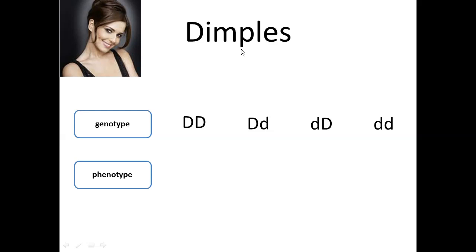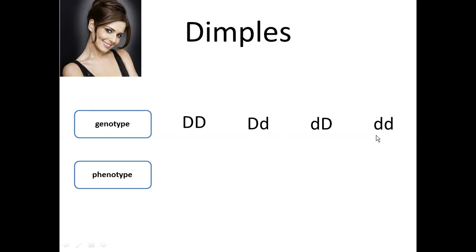So dimples is a characteristic that is linked with a dominant allele. This means that because the dominant allele is the one that will show the characteristic whenever it is present, between these 4 genotypes, the first 3 will show dimples because you have at least one dominant allele linked with dimples.